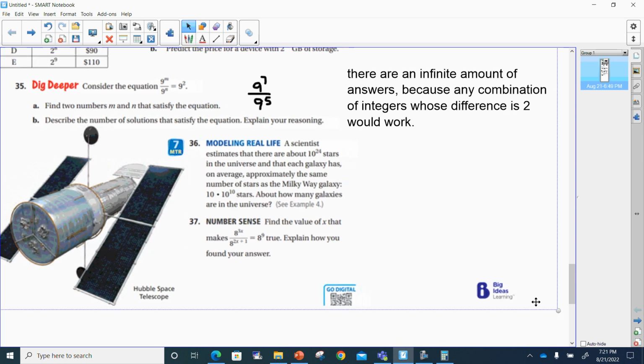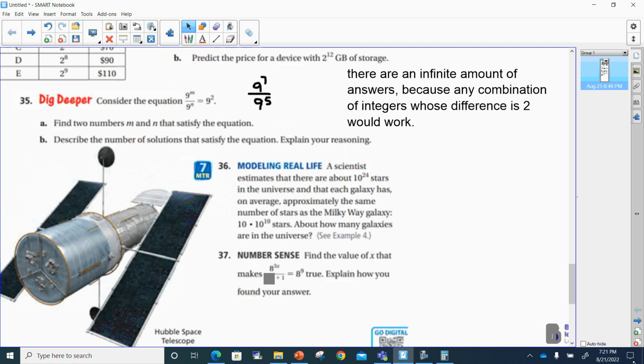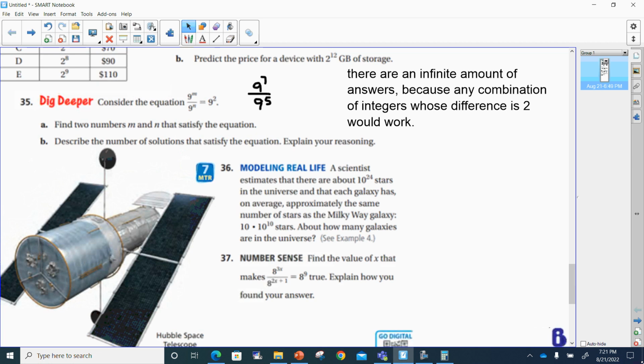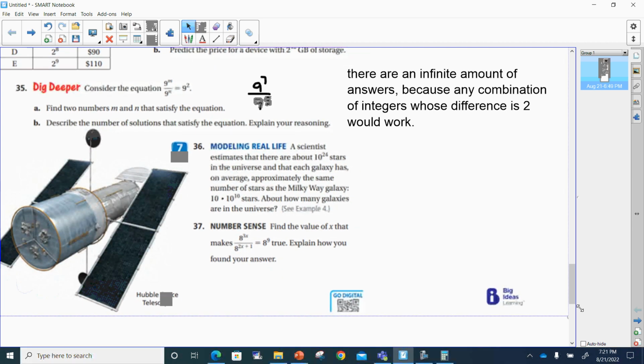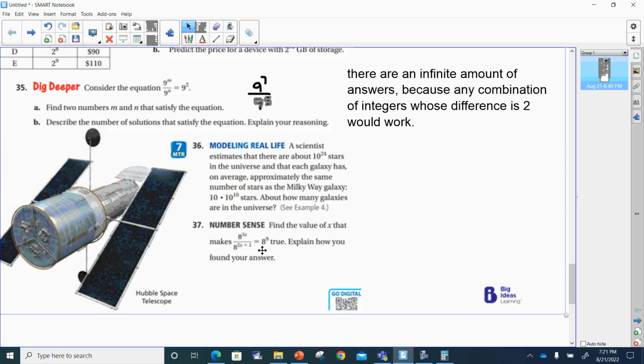Yes, that is 3x, and that's 8 to the 2x plus 1 by the looks of it. And it says is equal to 8 to the ninth true. Explain how you found your answer. Find the value of x that makes this true.